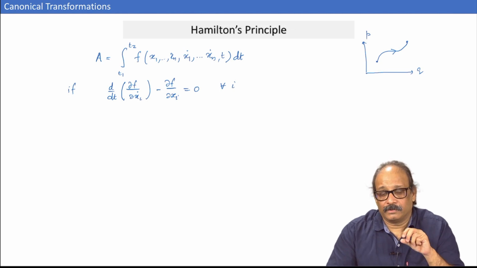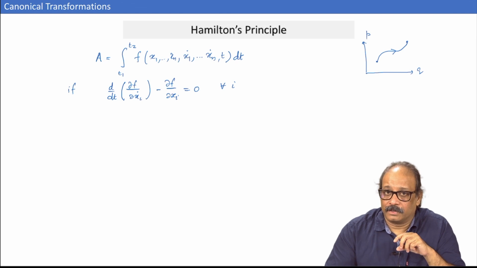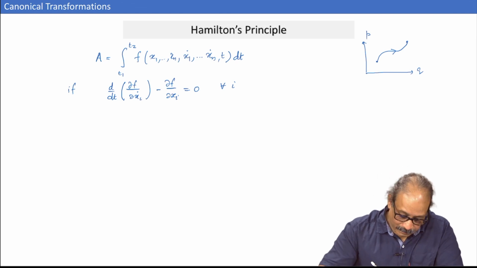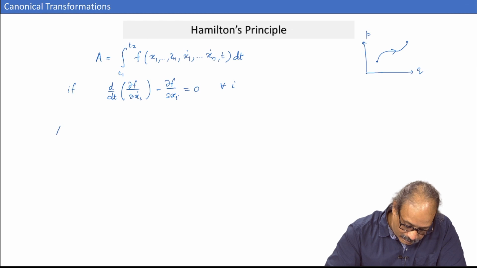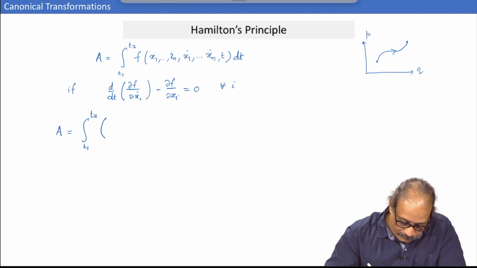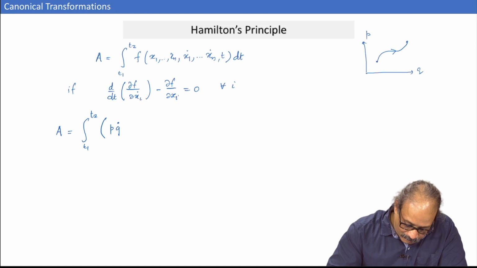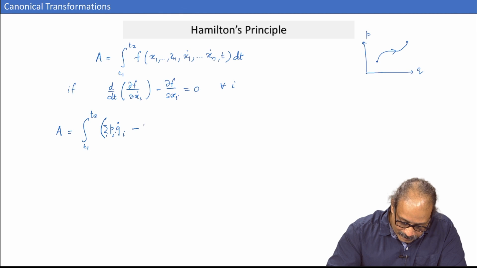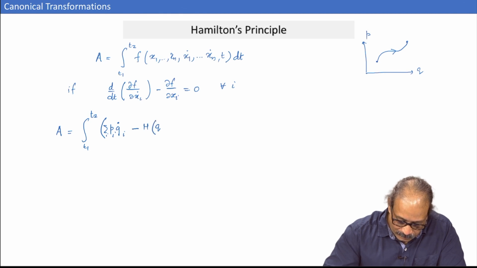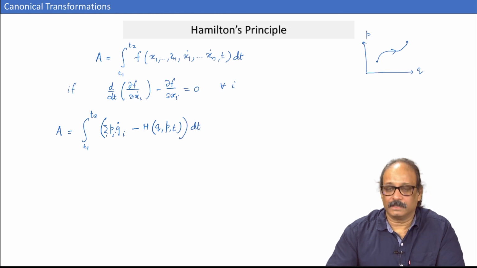Now, I want to apply this for the Hamiltonian formulation. So, let me define here the integrand, from t1 to t2, as p q dot, and remember there is a summation implied, or I will write this as p_i q_i dot minus the Hamiltonian, which is a function of q, p and t, dt.